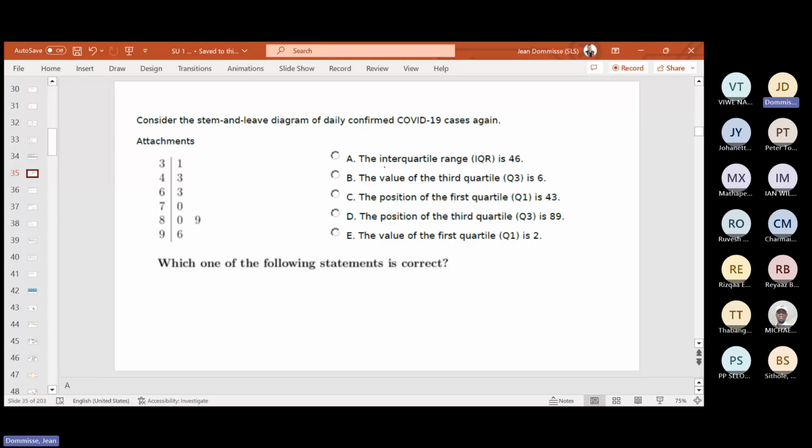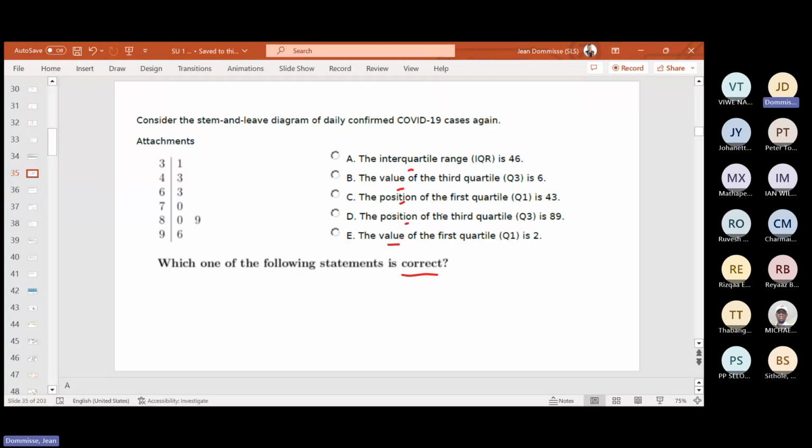Like with some of the previous ones, they also ask us the interquartile range, but they ask us the position of the first quartile, position of the third quartile, the value of the first quartile, the value of the third quartile, and which one is correct.